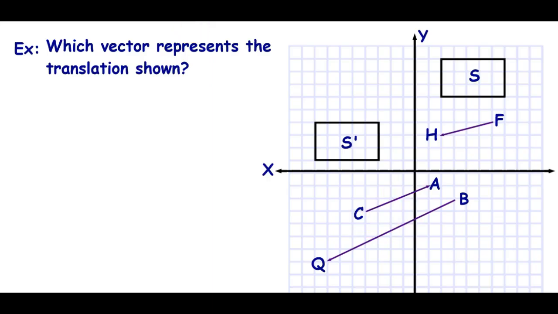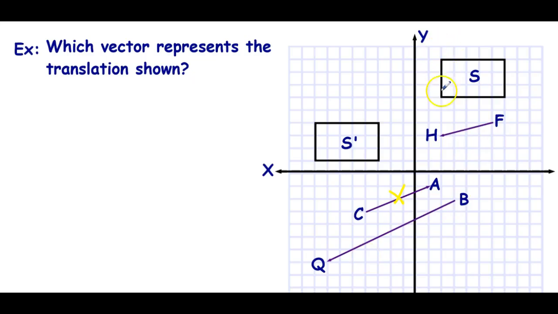Well, right away I can tell it's not going to be that vector. It's not this one. Can't be that one because we are going from S to S prime. We're heading down, and this vector is going up. This vector starts at B and goes to Q because the arrow is at Q. My choice is now either vector FH or vector BQ.